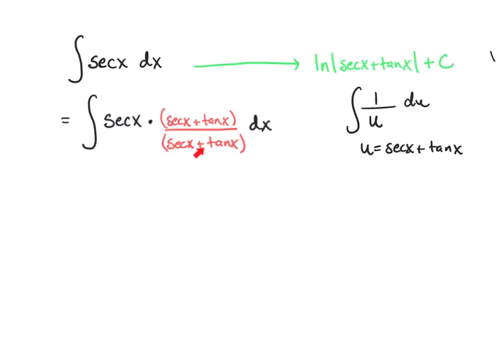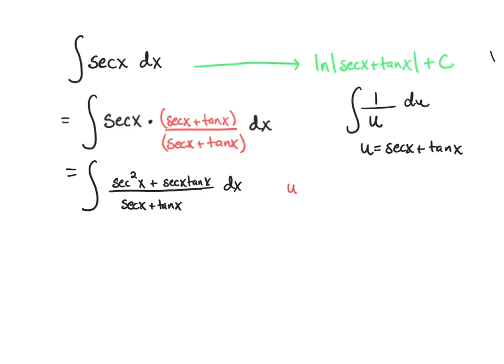I'm going to multiply the top and the bottom by secant x plus tan x. So I'm multiplying by a special version of a 1. And when I do this, that's going to get me what I want in my denominator. And it turns out to work out really nicely, so that my denominator is secant x plus tan x, and my numerator is secant squared x plus secant x tan x dx.